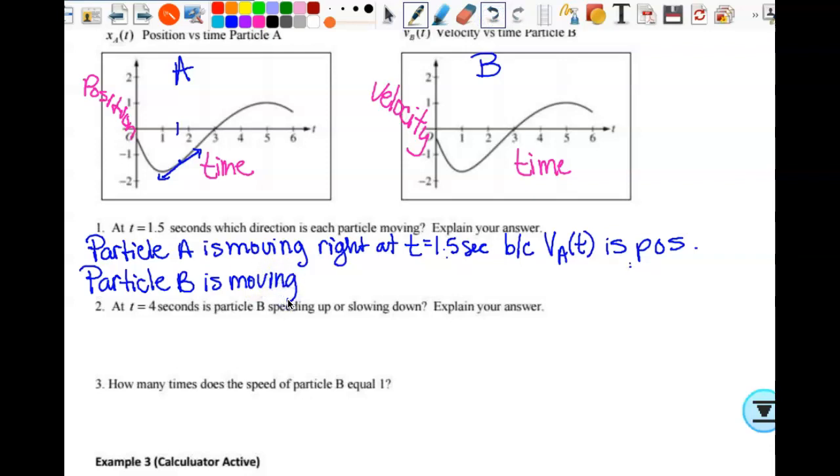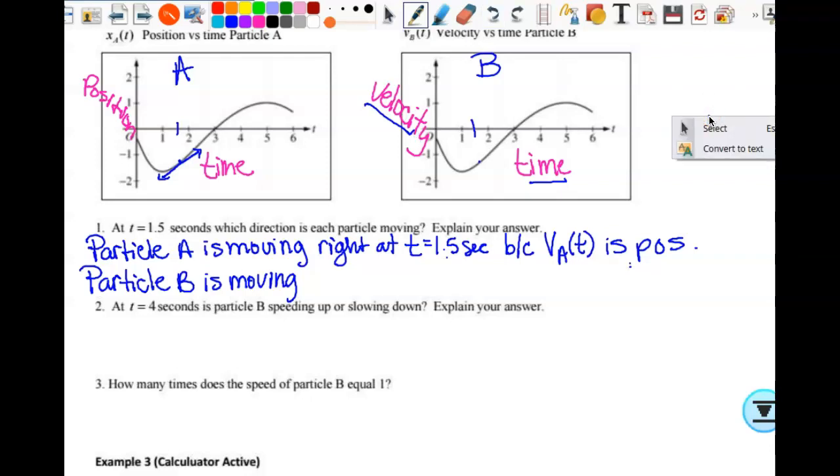Okay, so this is the time versus velocity graph, right? At 1.5 seconds, what's the velocity? Is it positive or negative? It's negative. This is time versus velocity. My velocity is clearly negative. Make sense? I'm not looking at the derivative of it because this is the velocity. That's why you need to label your graphs.